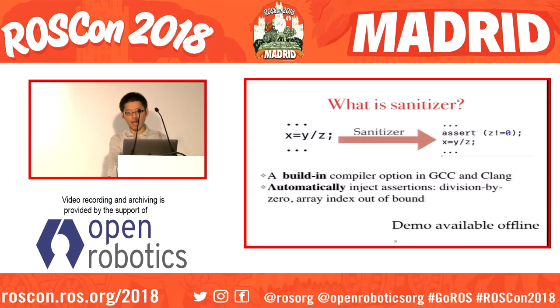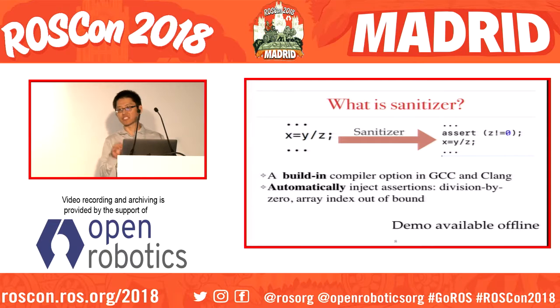So what is a sanitizer? For example, you have a line of code x equals y divided by z. A sanitizer is something that introduces an assertion here: z is not equal to 0, because you don't want to have division by 0. A sanitizer is something that is already built into compilers, like GCC or Clang.